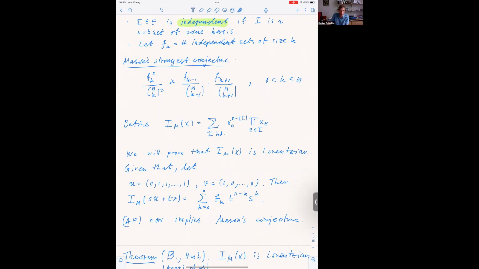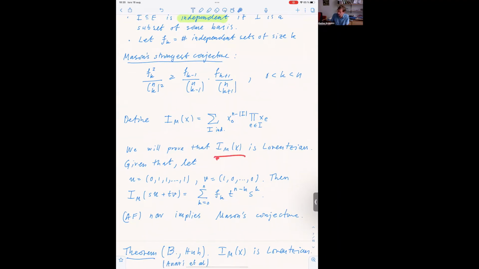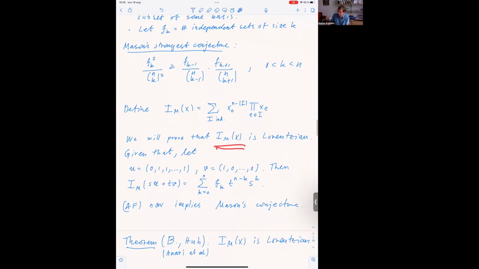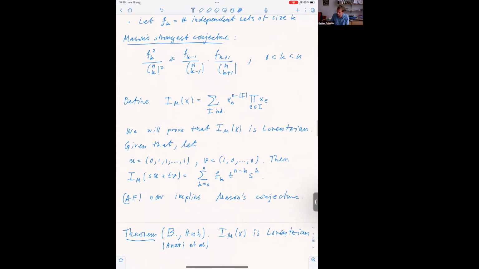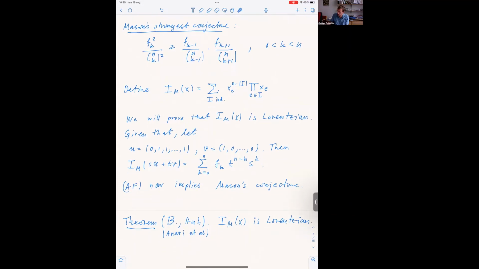And we will now prove that this is indeed Lorentzian. And how does this give Mason's conjecture? Well, recall that if we have a Lorentzian polynomial and we restrict it to 2 vectors, then these Alexandrov-Fenchel inequalities imply the ultra log-concavity of the coefficients here.